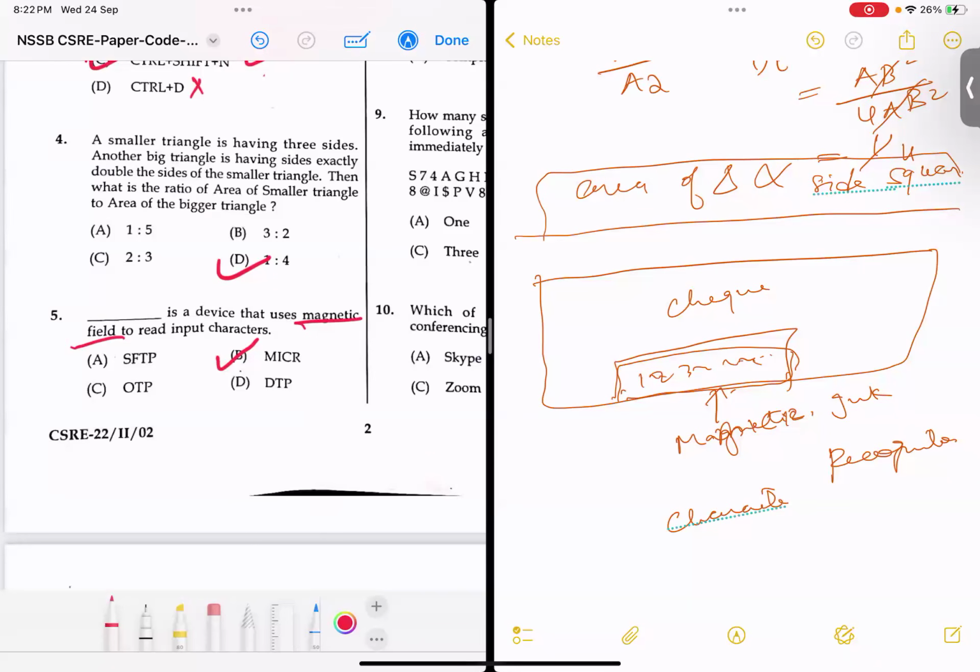So the correct option is option B, MICR, magnetic ink character recognition. The easiest way to remember this is the check. On the bottom of the check, you will find a number of small numbers written in a certain font. This is written in such a way that it can be read by the magnetic field.